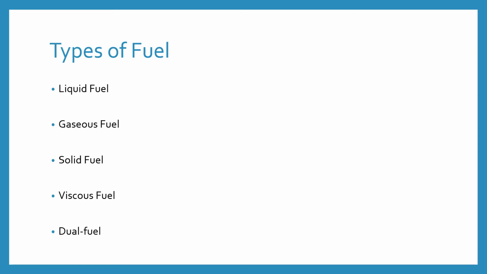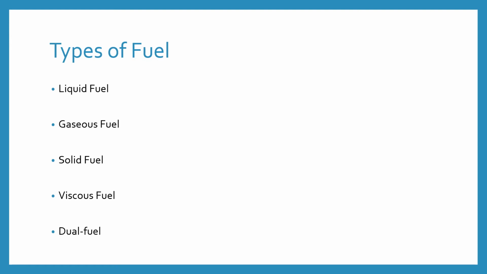Combustion of the fuel takes place due to its coming into contact with the high temperature compressed air in the cylinder, and therefore these engines are called CI or compression ignition engines.